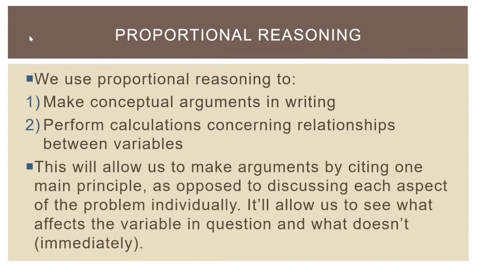And so the main point here is that this is going to allow us to make arguments by citing one main principle, as opposed to discussing each aspect of the problem individually. And so it's going to allow us to see what affects the variable in question immediately and what doesn't. And this is something that I've talked a lot about this year so far.